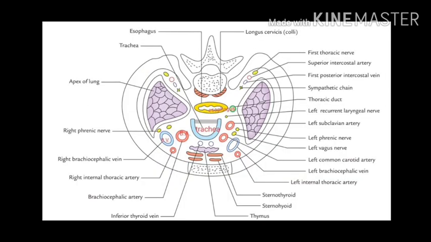This is the diagram of the structures passing through the inlet of the thorax. The first is the viscera and the second is the large vessels.